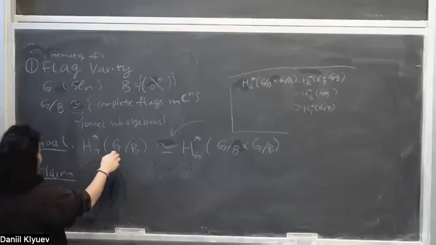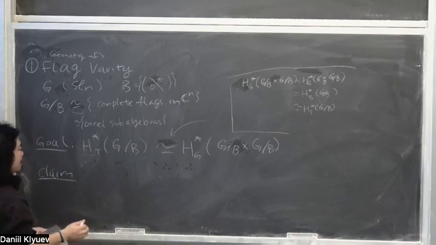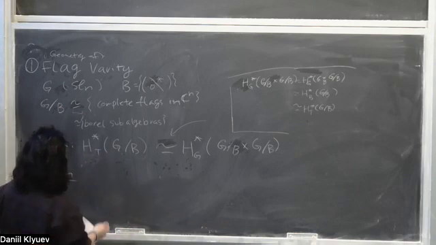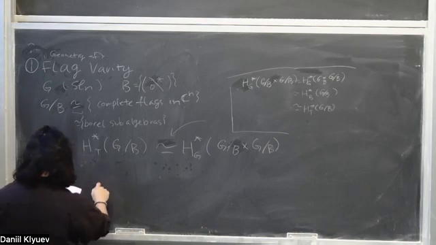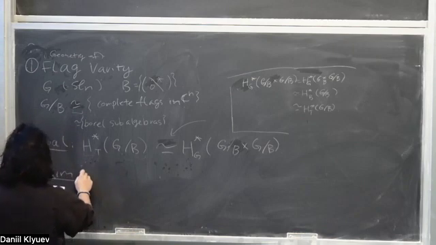So here T just acts on the left. And by some kind of localization argument, if you know the T fixed points, you can understand this cohomology. I'll just write it down here.